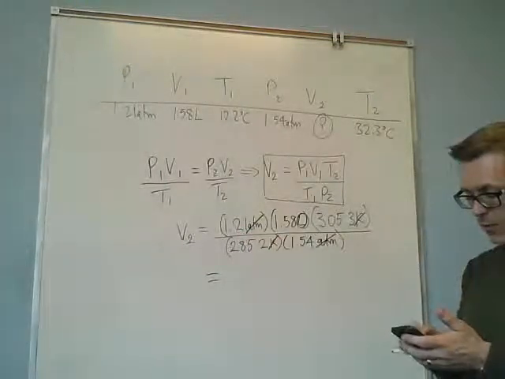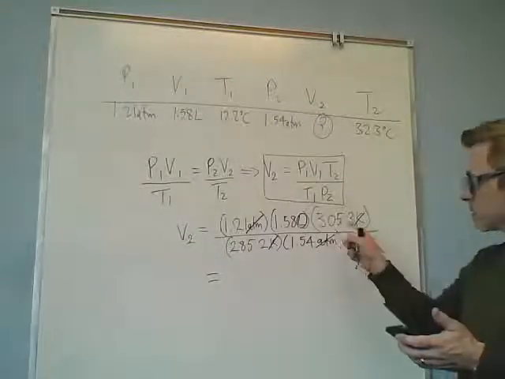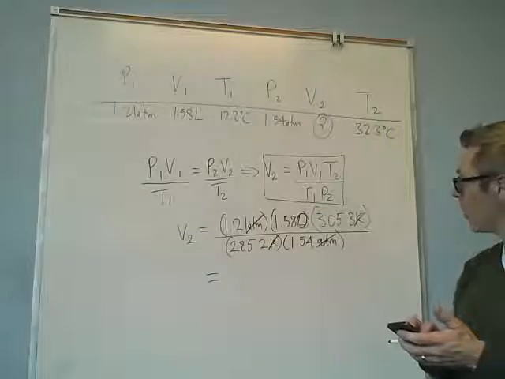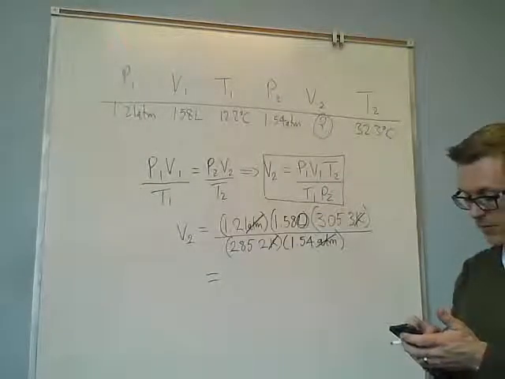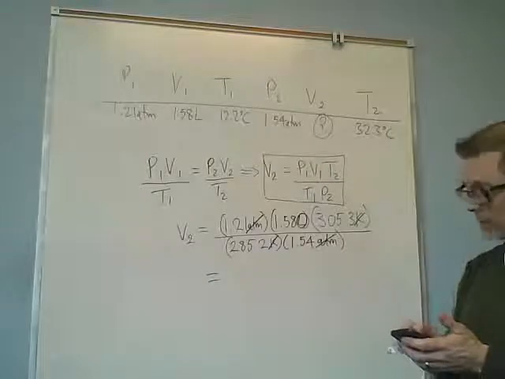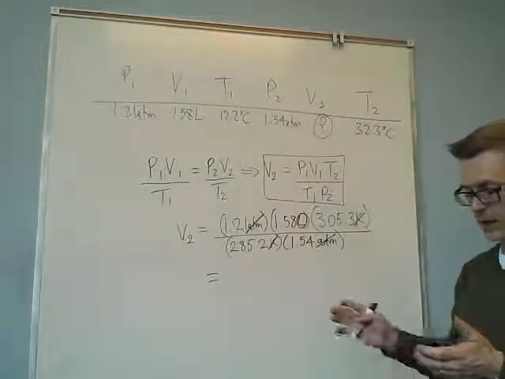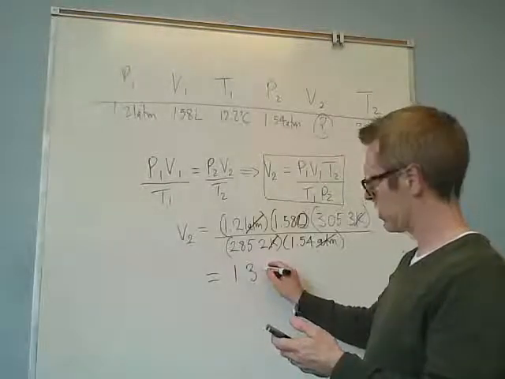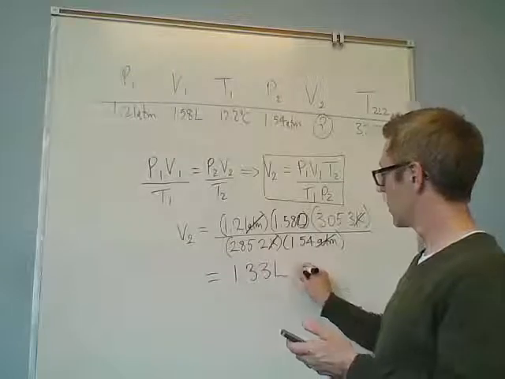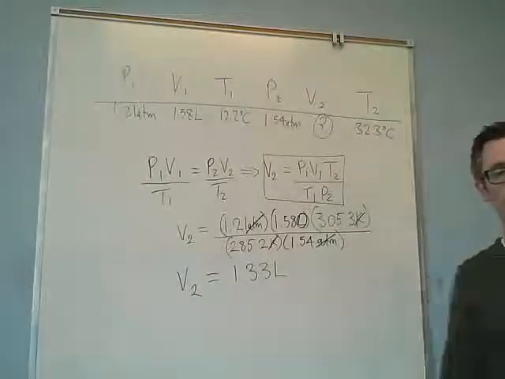So 1.21 multiplied by 1.58 multiplied by 305.3 divided by 285.2 divided by 1.54. Round to 3 sig figs. So V2 equals 1.33 liter.